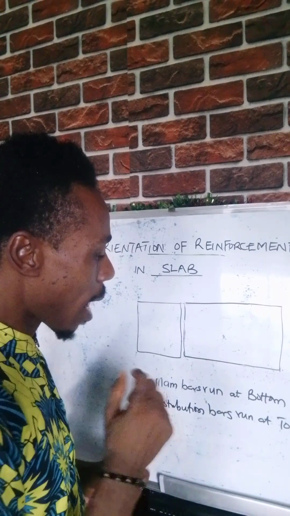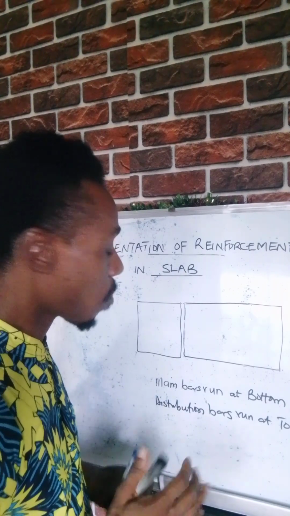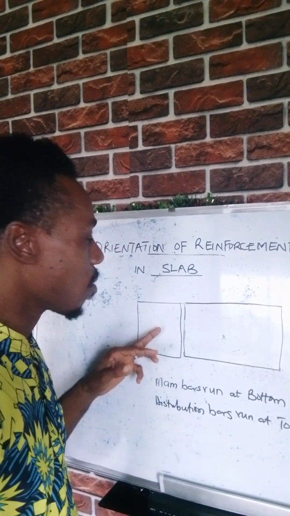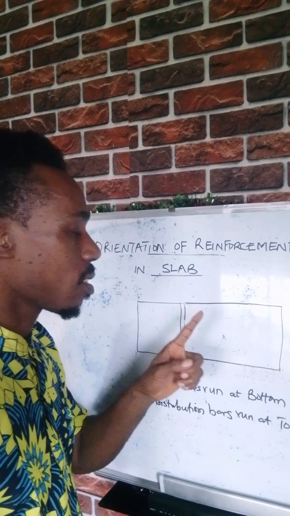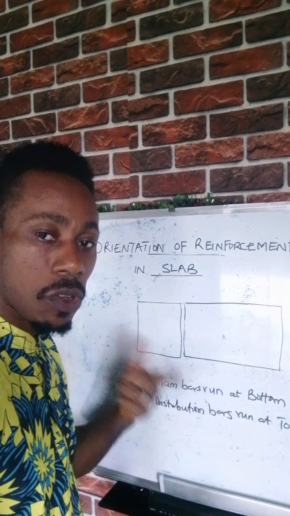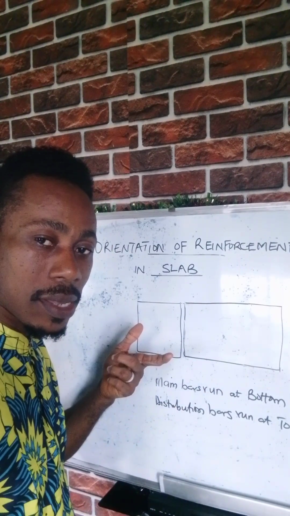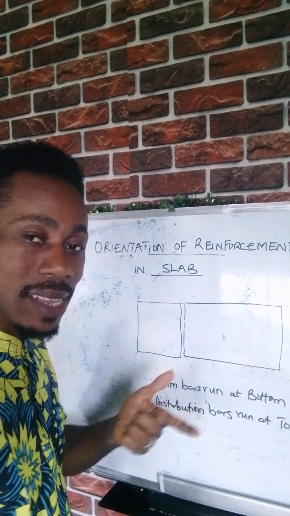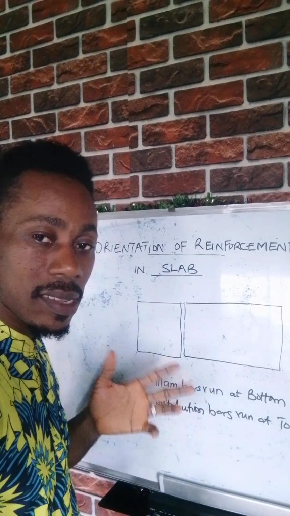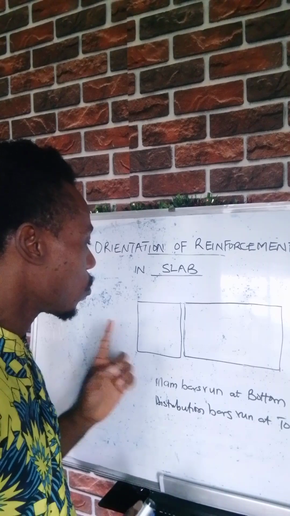Now you see that from our design, we must have designed for this panel, and we have designed for this panel. Now it's for us to interpret, or translate, the output of our design into a detailed drawing.